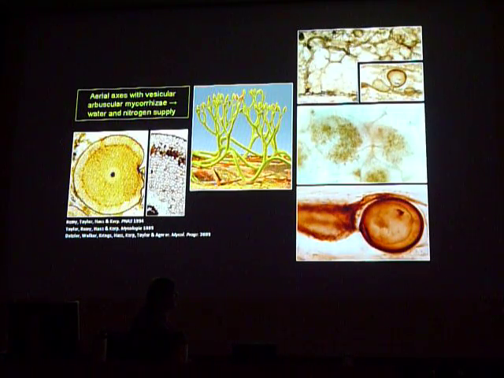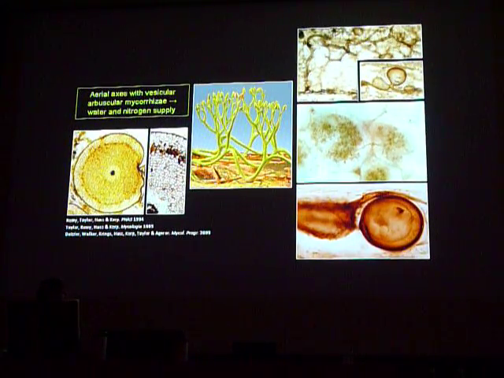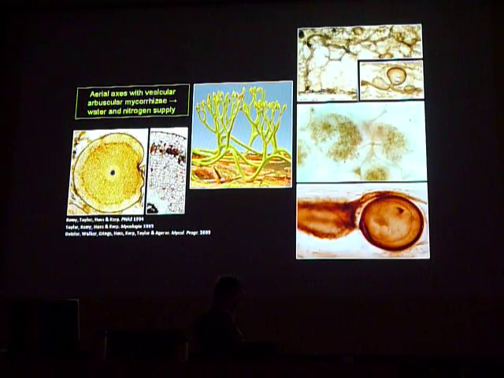And the word arbuscular refers to tree-like arbuscules, and the contact between the fungus and the plant is shown here in this slide. The fungus penetrates the cell, what you see here, and then it starts to grow out. It forms a tree-like structure, and that's where the exchange between the plant and the fungus takes place.